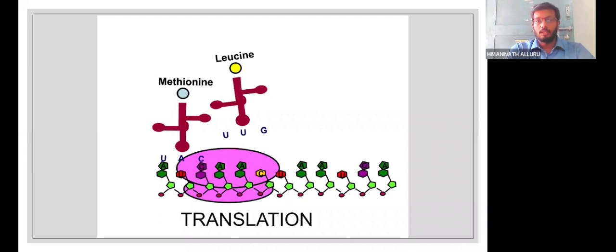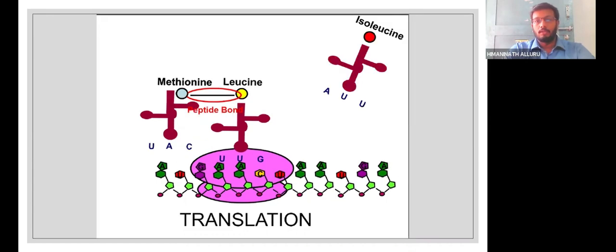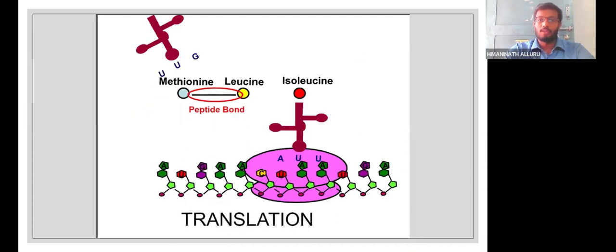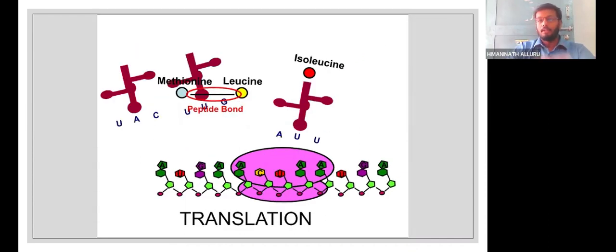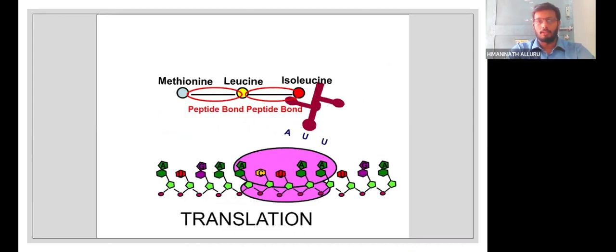You can see how the A, P and E sites join one by one. There are different tRNAs for different amino acids. How the translocation of the ribosome happens with respect to the mRNA, students must be very clear on that.